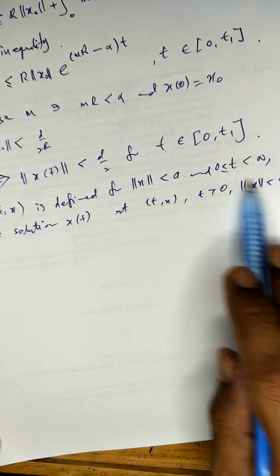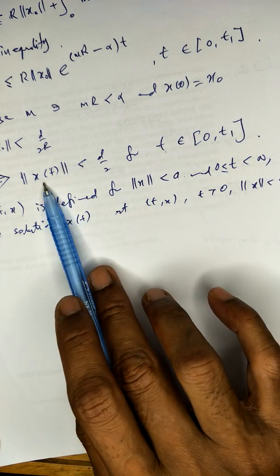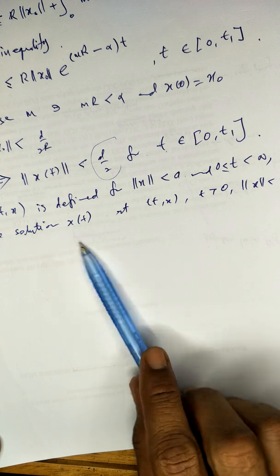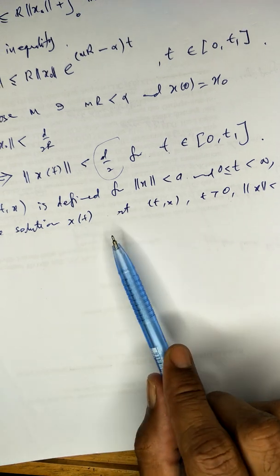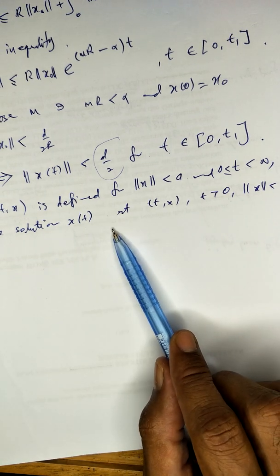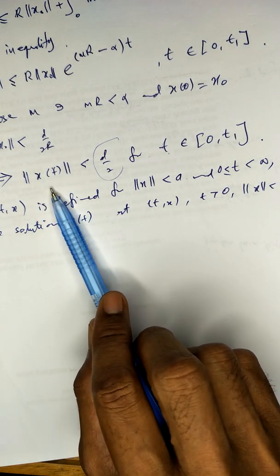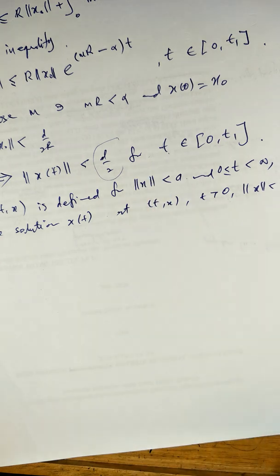So if you have this, it preserves that bound. We preserve that the norm is bounded by that number.